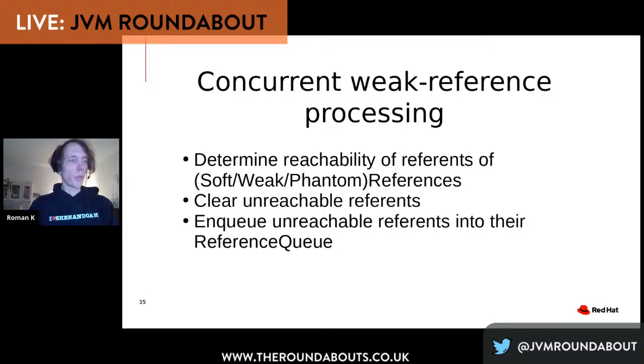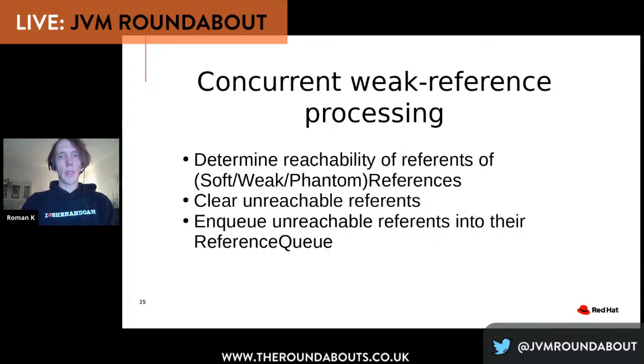Weak references, you probably have used them if you're a Java programmer, are a concept to hold a reference to an object, but not strongly like usually, but instead so-called weakly, which means that if the referent is otherwise unreachable, then you will not see it again.